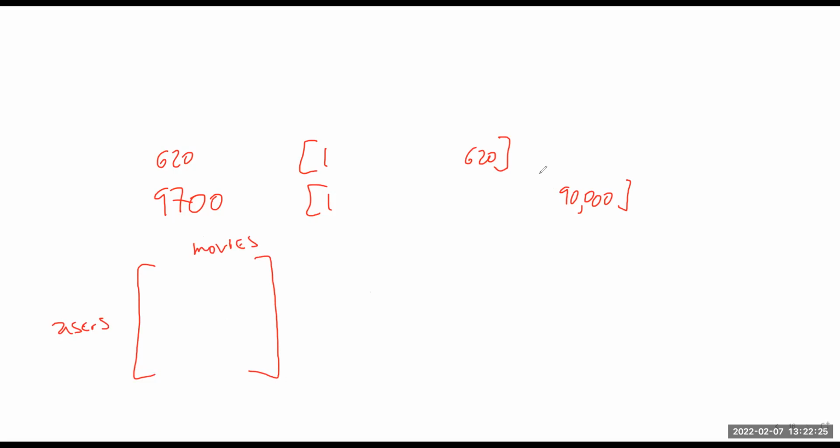So one solution could be to just create a matrix that is 620 by 90,000. And then there's going to be a lot of zeros in there because some movies don't even exist. For example, for movie 8,500, there is no 8,500, but we will have a column 8,500.